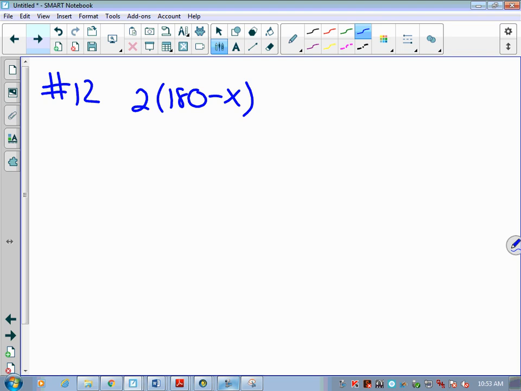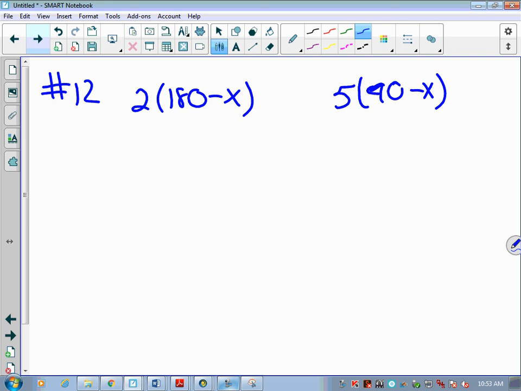So 2 times the supplement of an angle exceeds, so it's going to be greater than, 5 times the complement of an angle. So 5 times the complement of an angle is 90 minus x. Okay, and we're exceeding this by 69. So I have an option. I can either subtract 69 from the left or add 69 to the right.